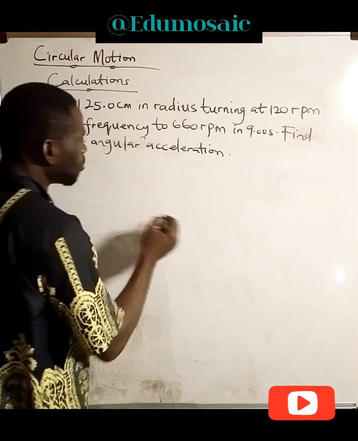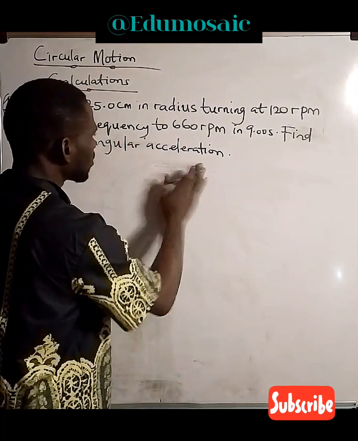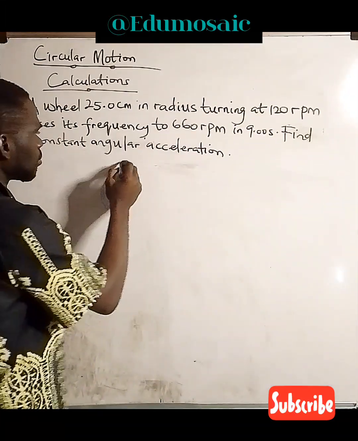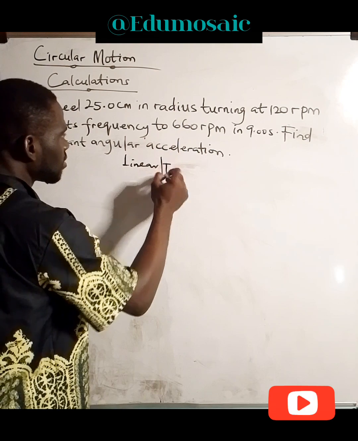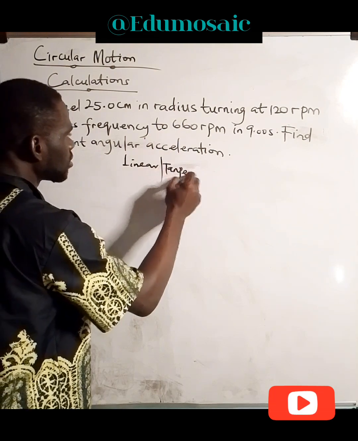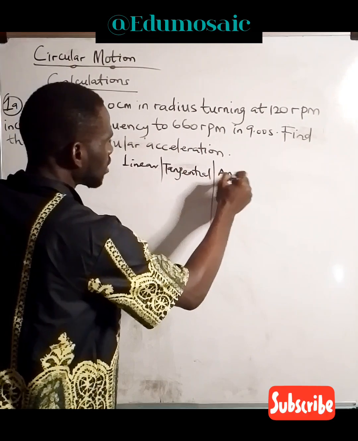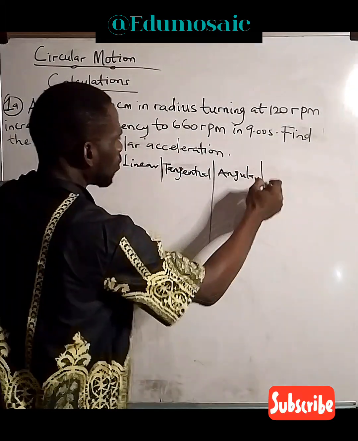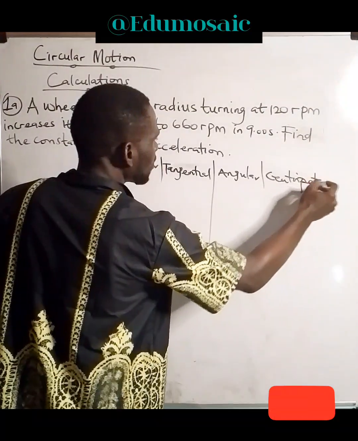When we talk about equations of motion, we have v equal to u plus at. Let me differentiate them. We have linear or tangential, and this is angular or centripetal.